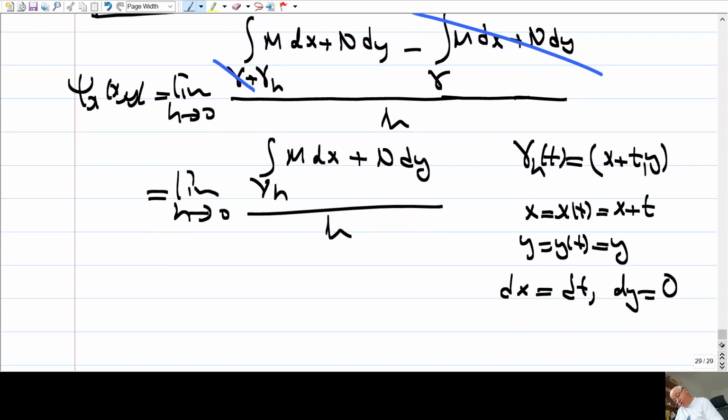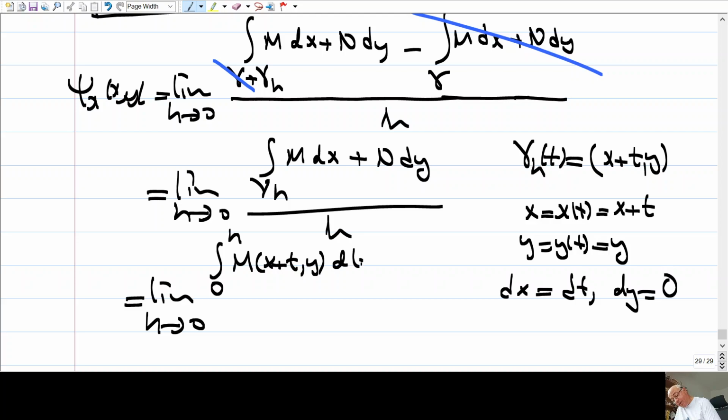So if I plug all this into this limit, let's see what we get. Here is the parameterization, t ranges from 0 up to h, and inside m I have x, y. x is just x plus t, y is just y, and dx is just dt plus n dy. dy is 0, so that's it, divided by h.